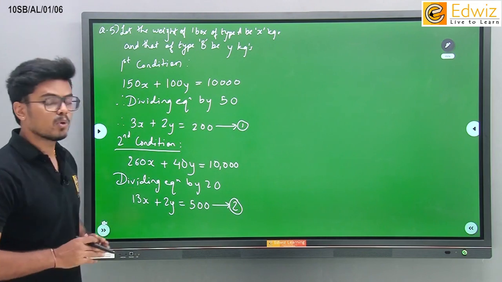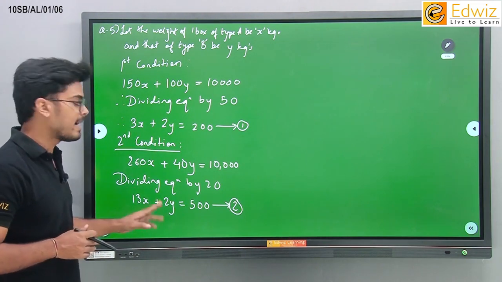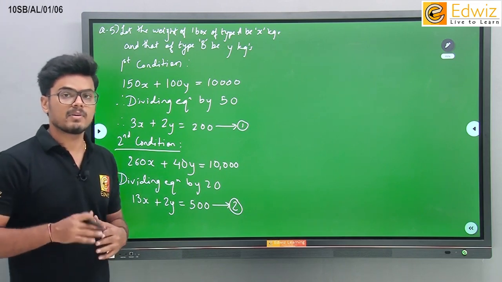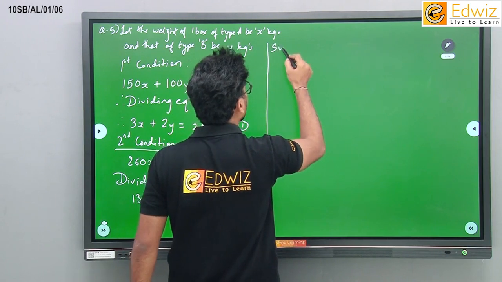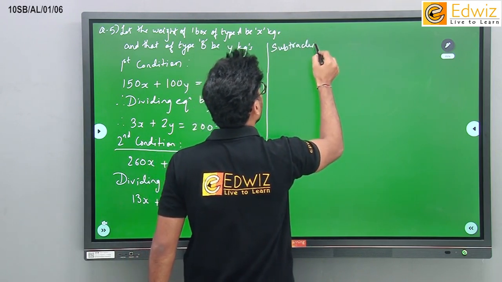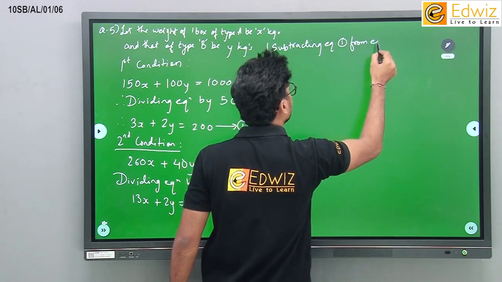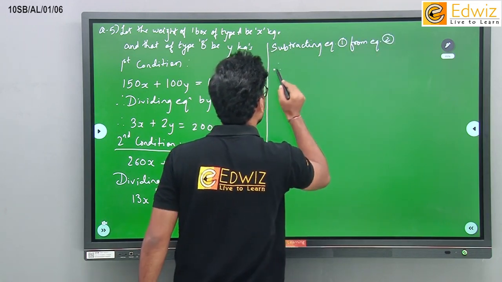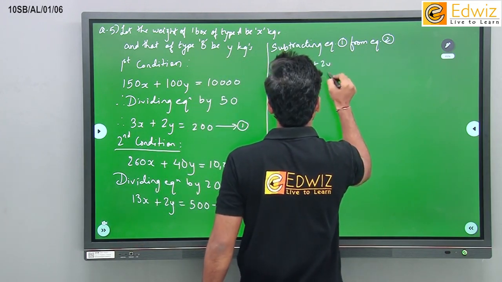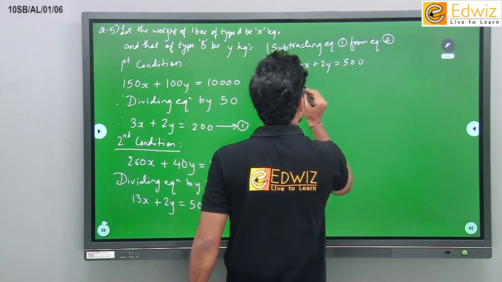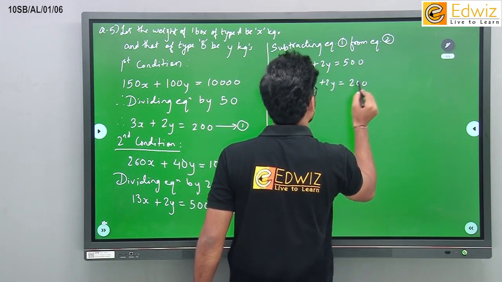Okay, now here in both these equations you can see coefficient of y is same, 2y and 2y. So let us subtract the equations. Subtracting equation 1 from equation 2, what we will get? 13x plus 2y equal to 500 minus 3x plus 2y equal to 200.